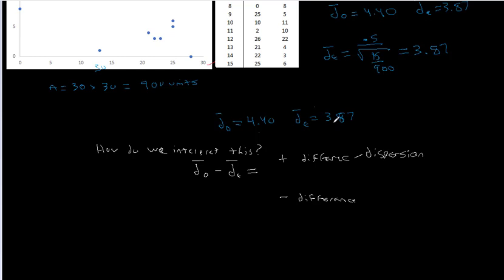So if it's closer together than you would expect by chance, i.e., this number is negative, that could be an indication that you have clustering. And then if it's 0 or close to 0, if there's 0 difference, then that could be an indication that your data is actually random.